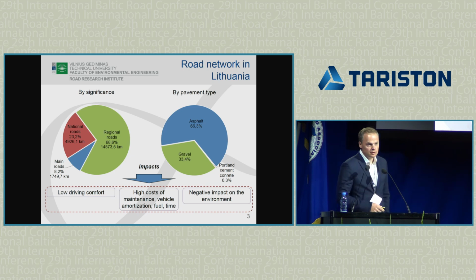This leads to a lot of problems, starting from low driving comfort, high costs of maintenance and vehicle amortization, fuel, and also environmental impact for society, for humans, and also for animals and so on.